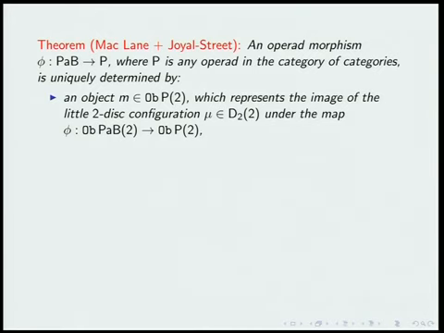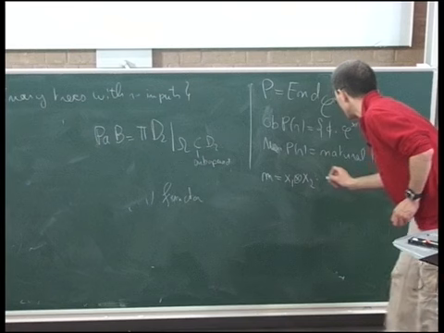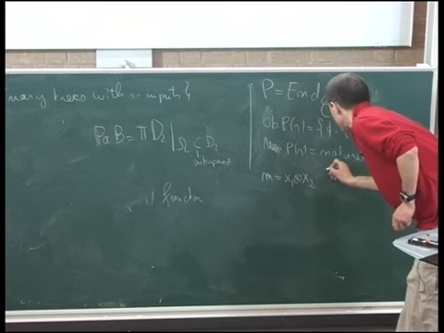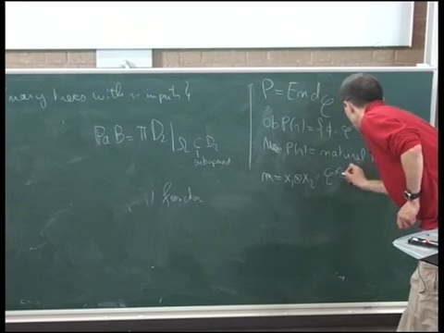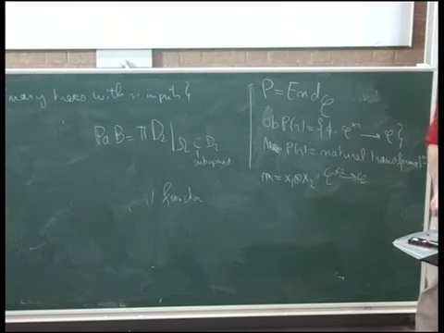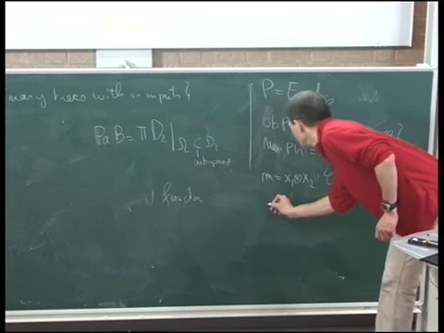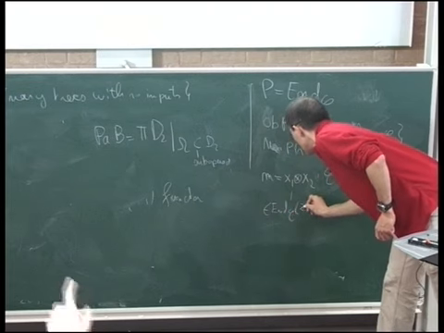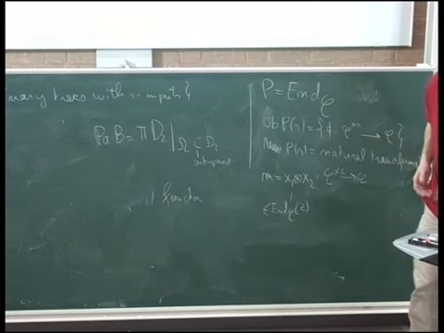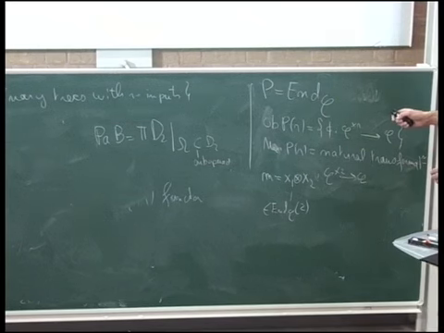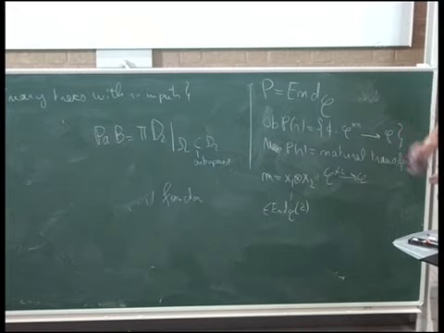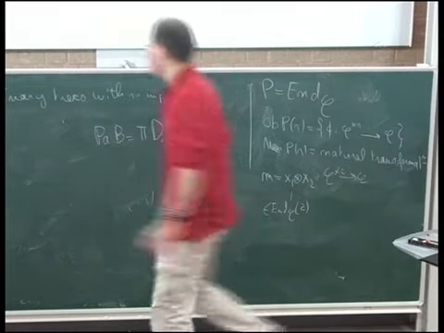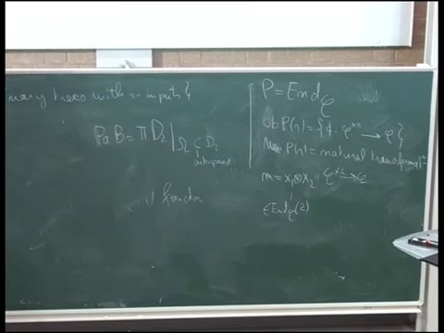In this case, M should be a tensor product operation, a multiplication on C. So this M represents the image of this mu, the little disk configuration mu.